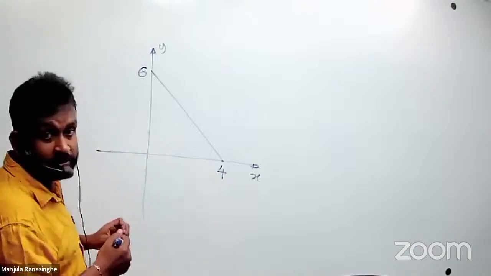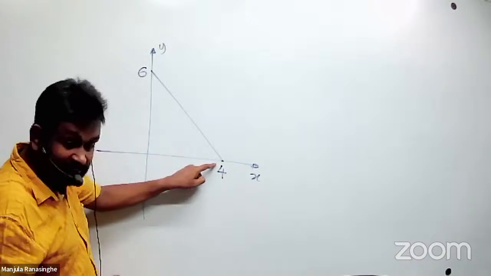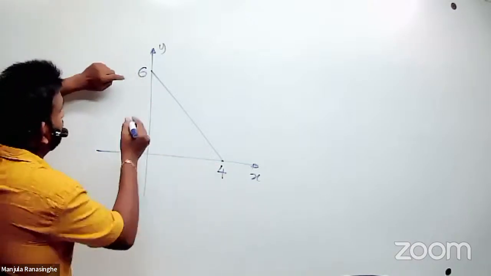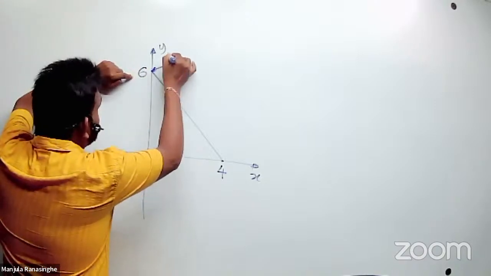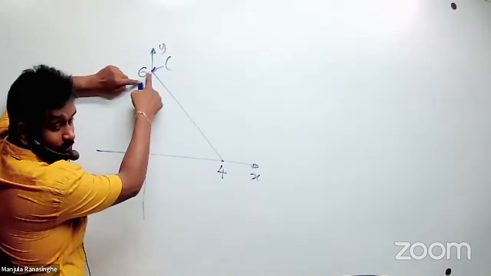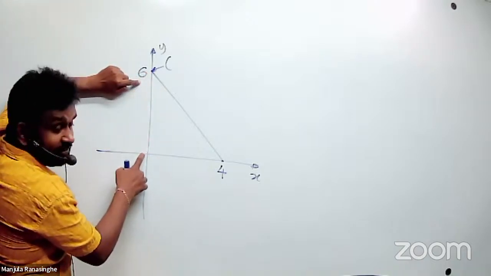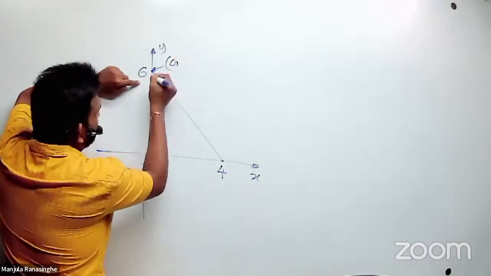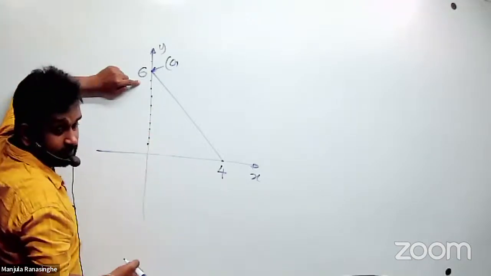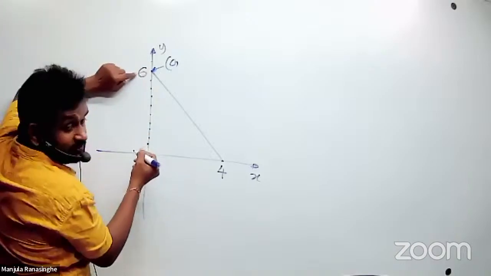So you have to convert these intercepts. This is the x-intercept and this is the y-intercept. So you have to convert these points into coordinates. How? This is how you determine. On the y-axis, the x coordinate is 0. Remember, any point on the y-axis has x coordinate 0, and the y coordinate is this one, 6.